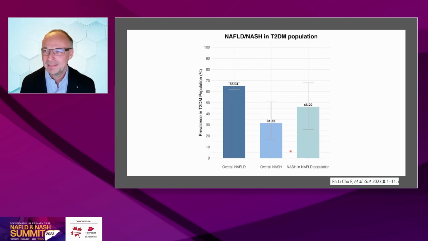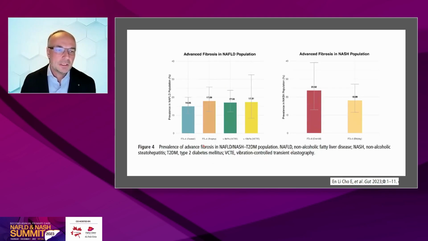A little bit further here, if we look at patients with NAFLD, what we call them, how many actually have advanced fibrosis, coming closer to the last slide I showed with a lot of scarring in the liver. You can see here, if you do liver biopsy or you do a FibroScan, it's actually around these 17%.